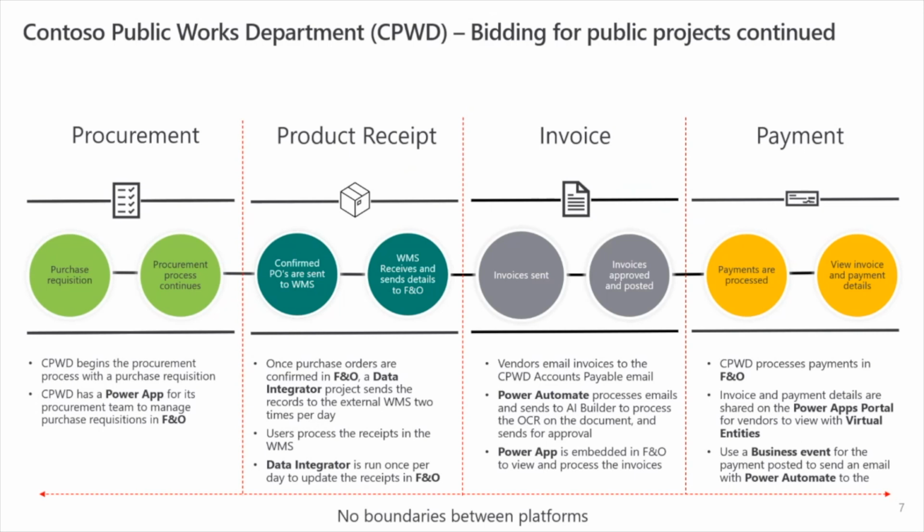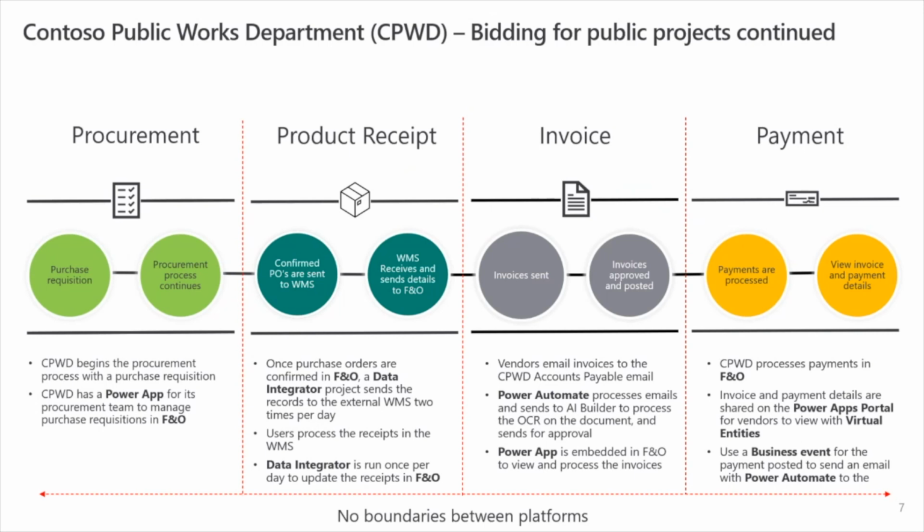It uses a Canvas app that has been embedded into finance and operations to process the actual invoice. I'll be sharing a short video of this when we get to that point in the demo, and we'll dive into this piece of the scenario in more detail in a later part of my series when we do the AI Builder.